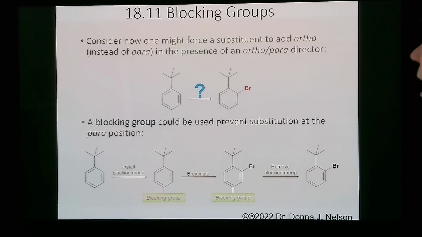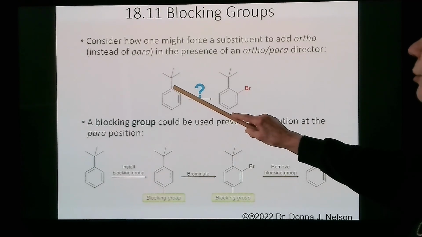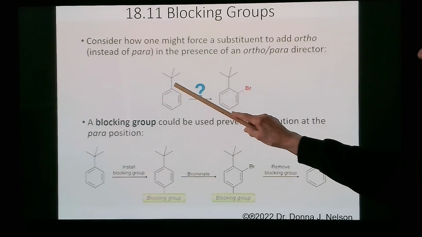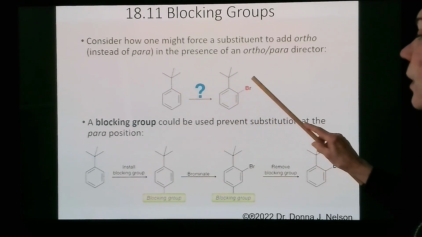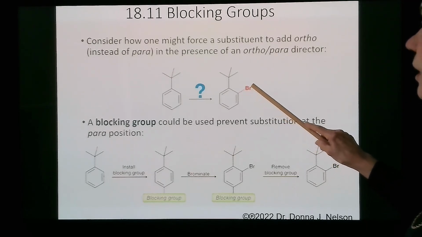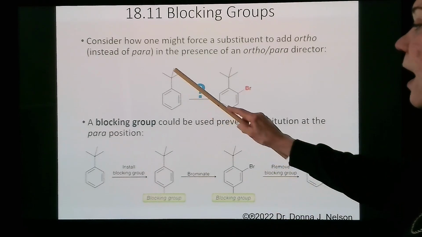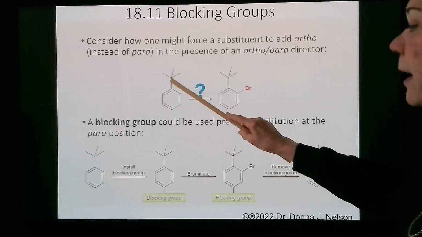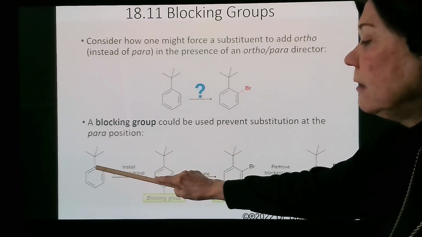How could we force a substituent to add ortho instead of para? So this is ortho-para directing. So how do we get only the ortho substitution when you have this ortho-para director in the reactant?